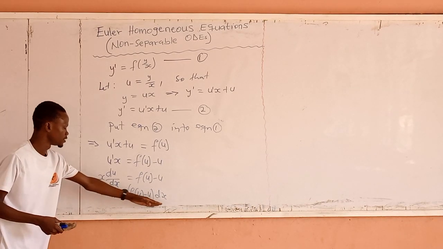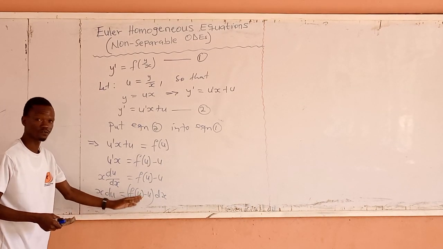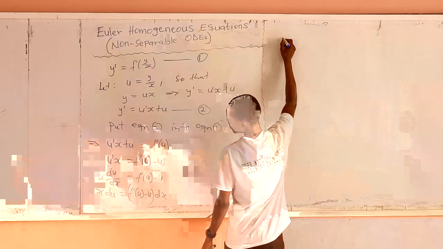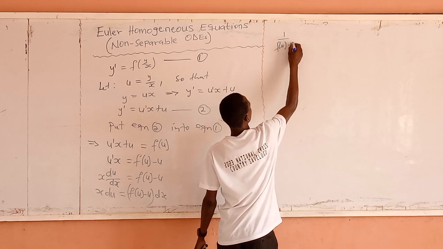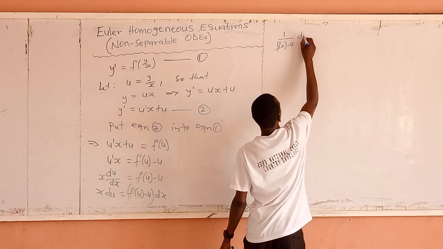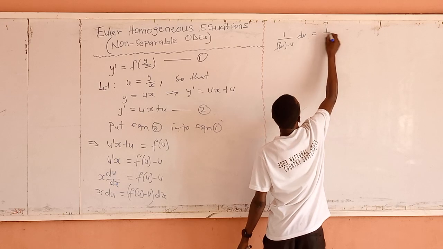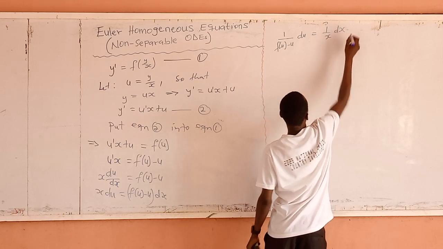So we can divide both sides by f of u minus u and by x, so that we can send the x to this side and bring the u's to this side. By doing that, we have 1 over f of u minus u, then du, equal to 1 over x, then dx.